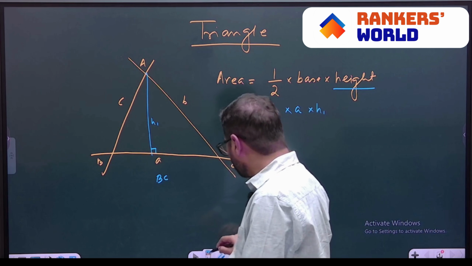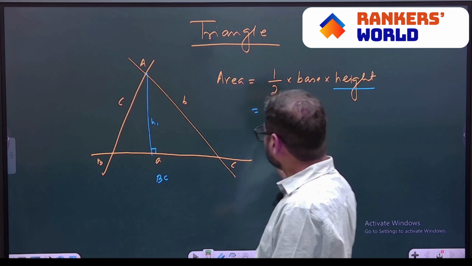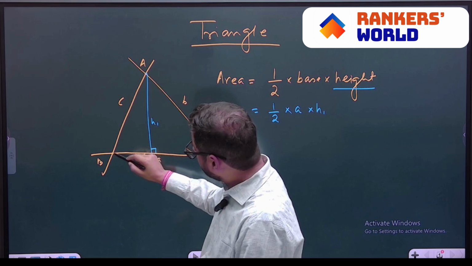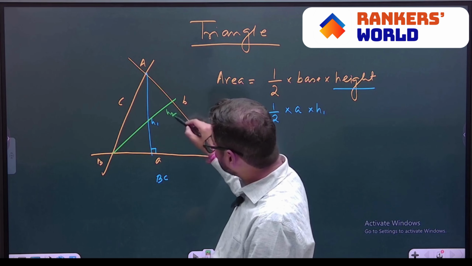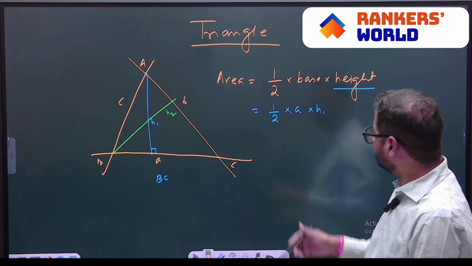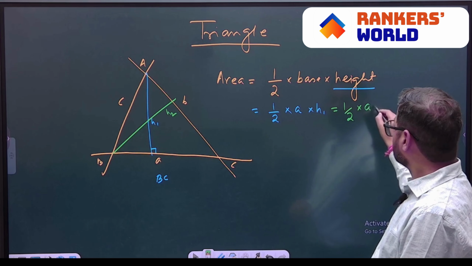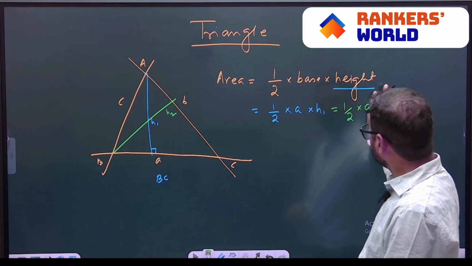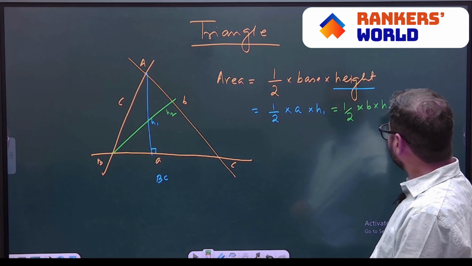If I take any other side as the base, say AC, I can drop a perpendicular, which is H2. This can be written as half b into H2.